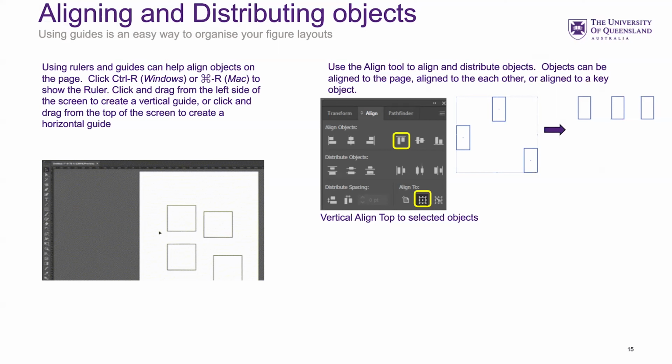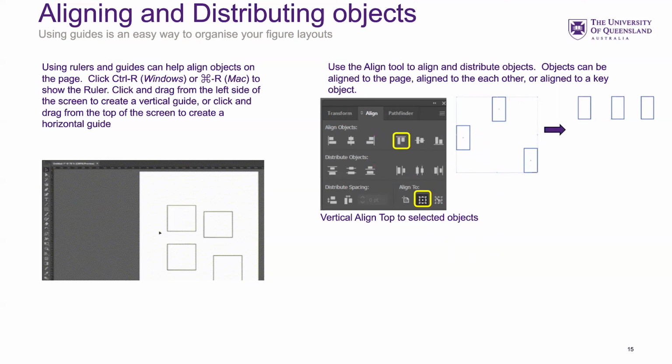Something that took me a long time to figure out is that, obviously, you can align items to the page, and you can align items to each other, but there's also an option for aligning objects to a key object. So in this example, we've got our 3 objects. We're going to align top, and in this case, we're aligning to the selected objects.